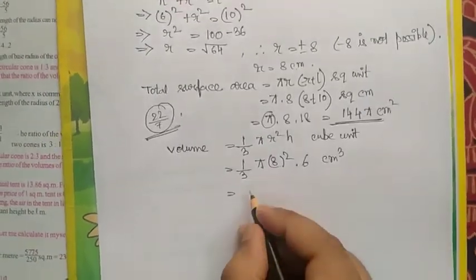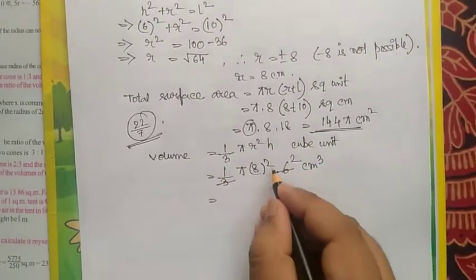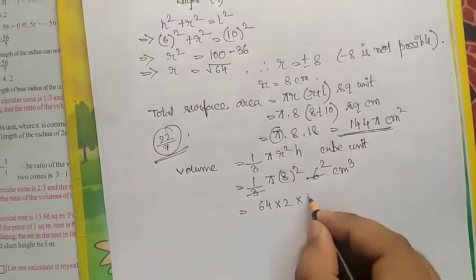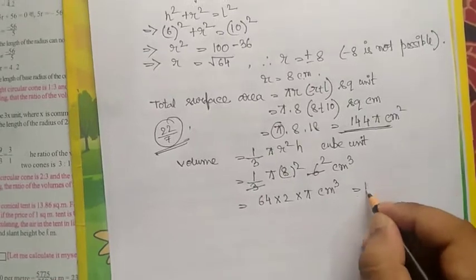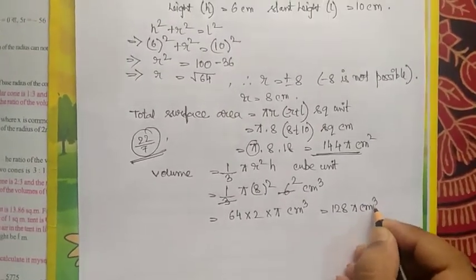So 8 square means 64 into 2 into pi centimeter cube. Therefore the volume answer is 128 pi centimeter cube.